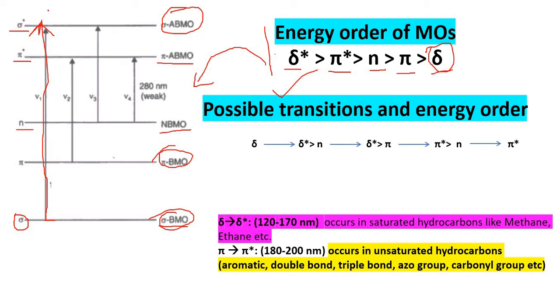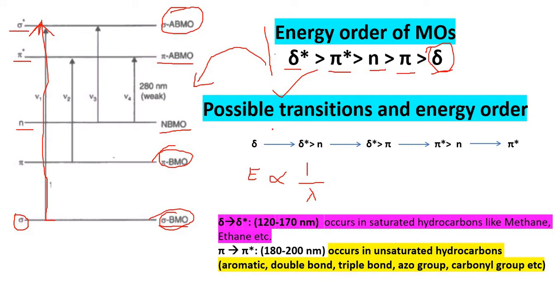A huge amount of energy is required for this. We know that energy is inversely proportional to wavelength, so very short wavelength radiations have to be absorbed during this transition.